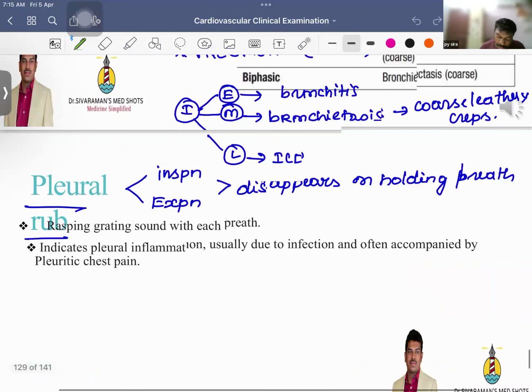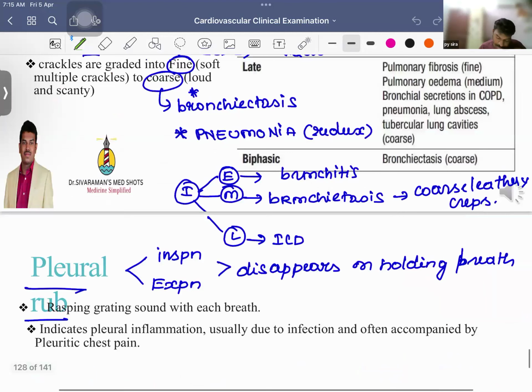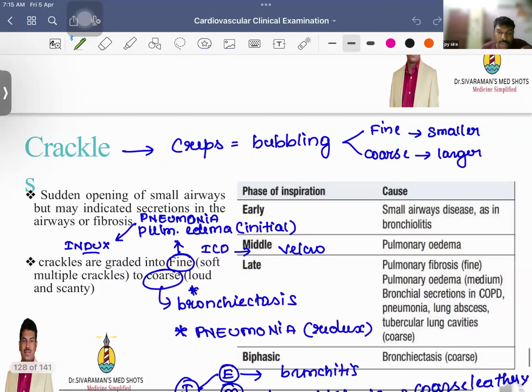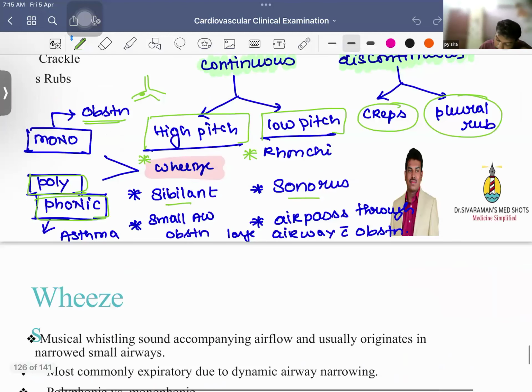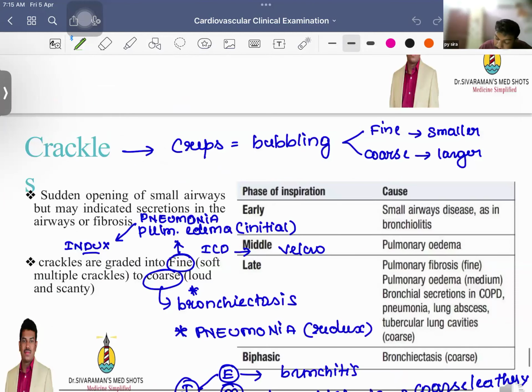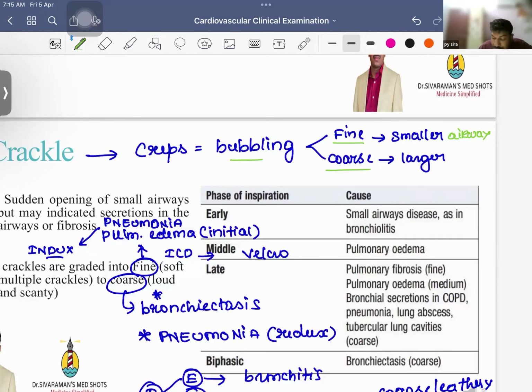Coming to the crackles. Crackles are a bubbling sound, which can be a fine crepitation or a coarse crepitation. Fine crepitation means smaller airways; coarse crepitation means larger or medium-sized airways.